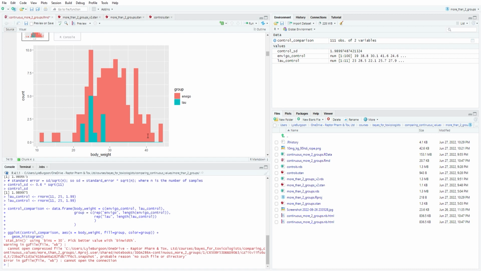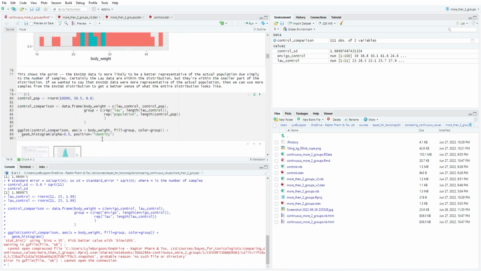Overall, the Envigo distribution is, again, quite broad. So we don't really see the Lau distribution as a good sampling of the population distribution. So our ability to infer anything within the Lau study back to population is going to be not very good.